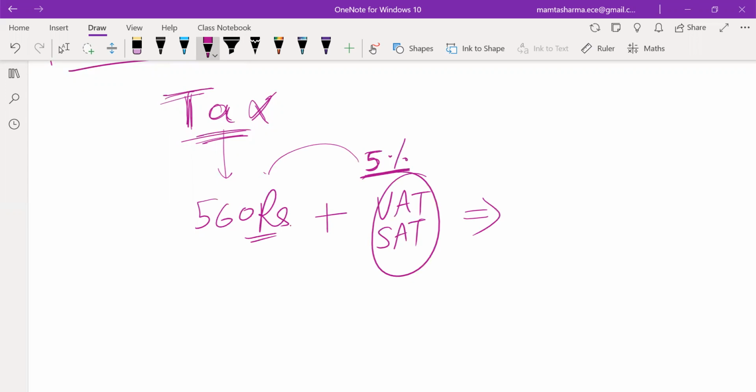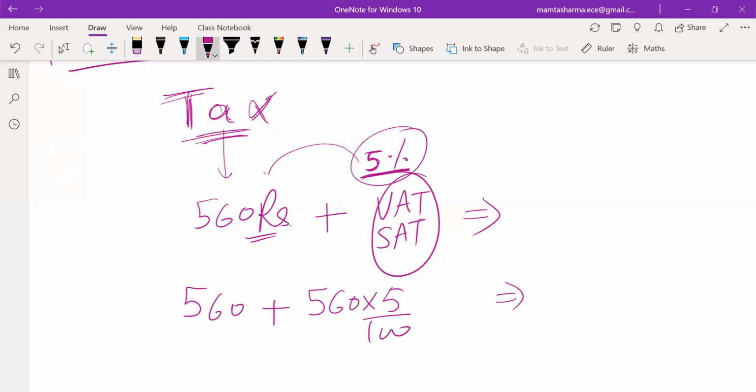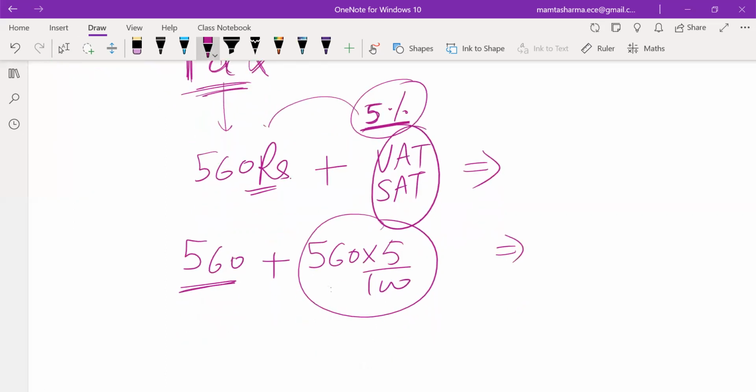How much money would be deducted from your ATM? Calculate 5% of 560. This tax amount would be added to your main amount, and that much money you need to pay.